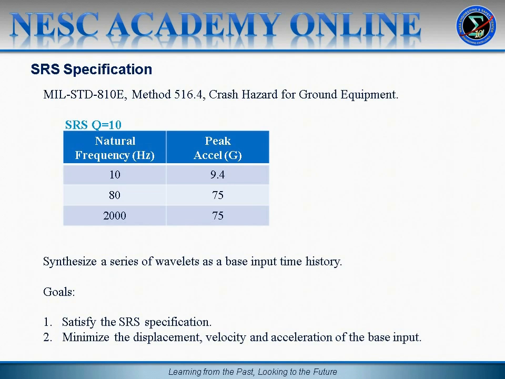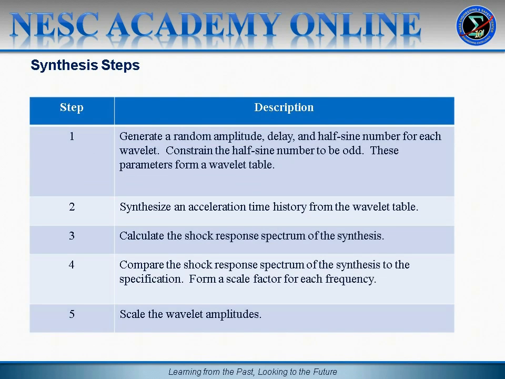So our goals, of course, the first one is to satisfy the SRS specification with the least amount of error as reasonably possible. But also we want to minimize the displacement, velocity, and acceleration of the base input in order to stay well within the limitations of the shaker table.